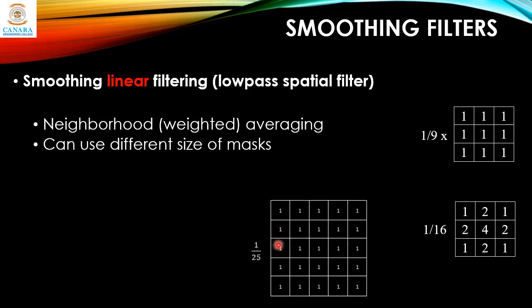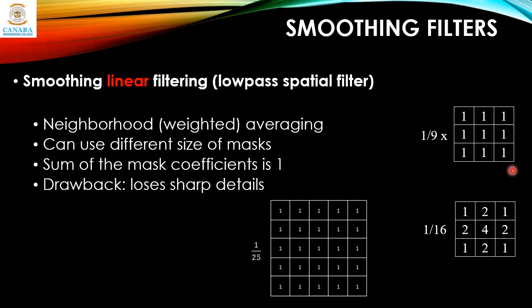You can notice here it is 1 by 25 because there are 25 cells, and here there are 9 cells, so we are dividing by 9. And here the coefficients sum to 16, so we are dividing by 16. So it's basically averaging; you need to divide by the total of the mask coefficients. That is the concept here. So the sum of mask coefficients is always equal to 1 for a smoothing linear filter.